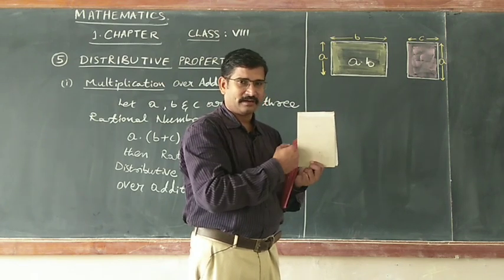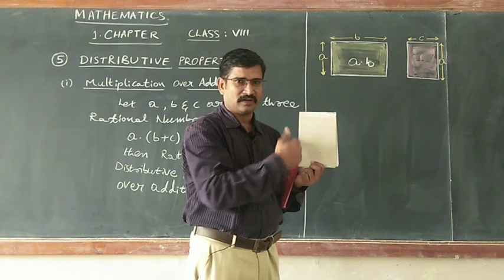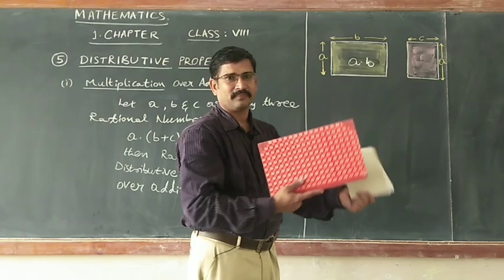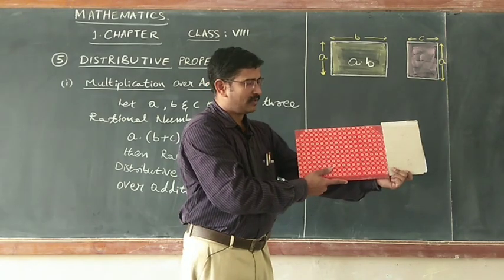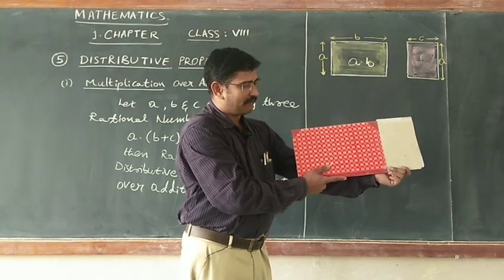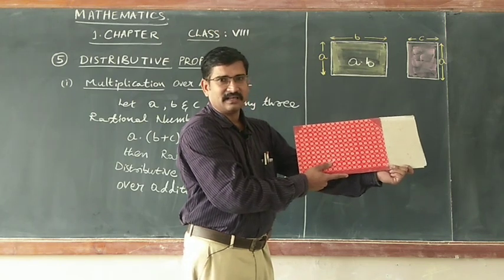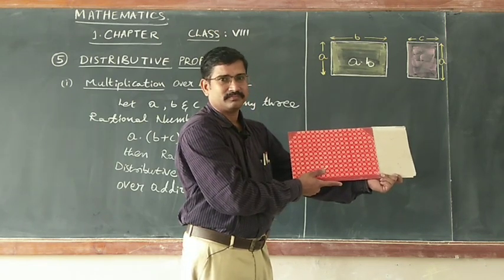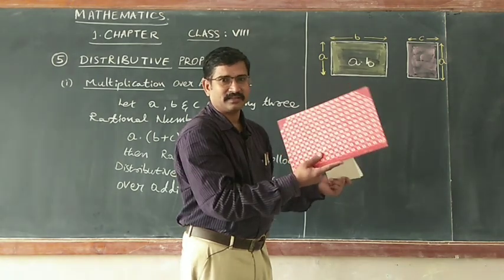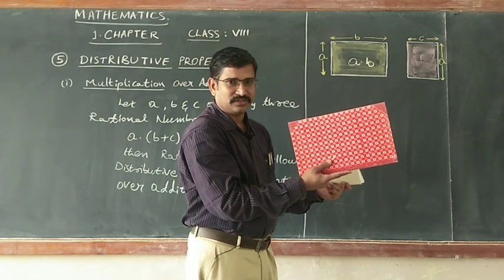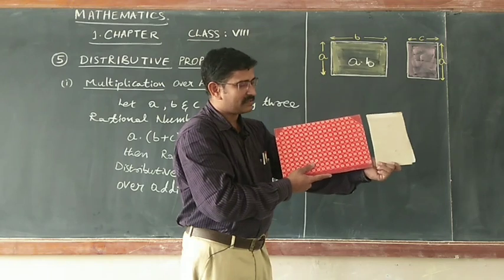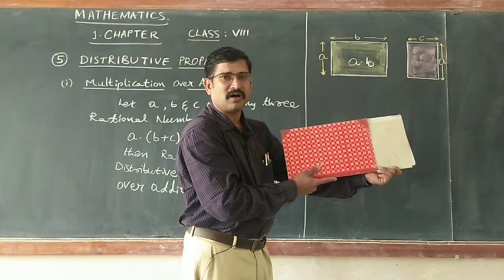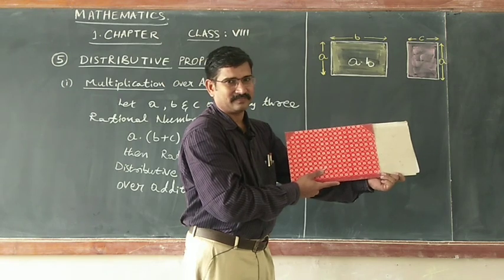If I want to find measure of any one of the dimension by comparing known dimensions, I can keep one beside the other, identify that they are having same dimension. Breadth of this big rectangular region is same as one of the dimension of small rectangular region.